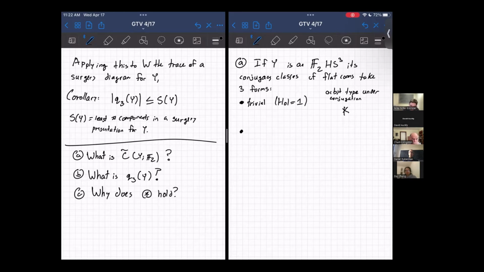We have the abelian connections, whose holonomy is contained in some circle subgroup. And their orbit type is S2. I find that there's a two-sphere of abelian connections in the framed representation variety whenever I have a single abelian connection with non-trivial holonomy.